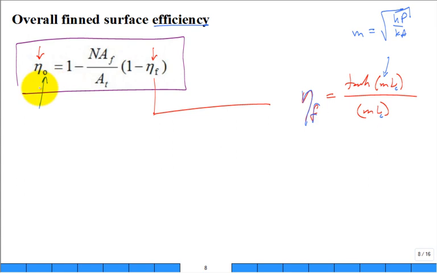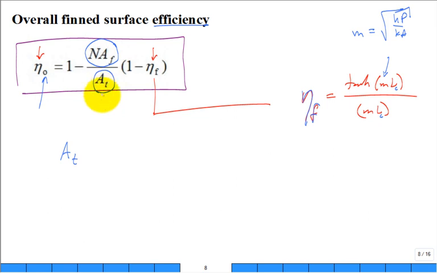Now they have A_T. What again was A_T? The total area that the fluid sees. It's a combination of the fin area and the exposed base area. They do it a little differently than I prefer, but that's okay. They're saying, now I have N number of fins. That's what the big N is. I have 5 of them, 10 of them, 11 of them, whatever.